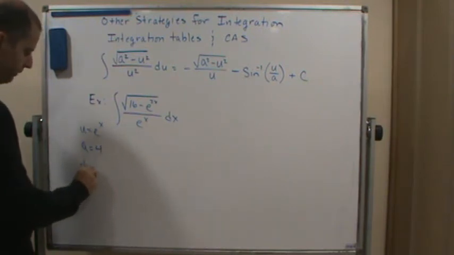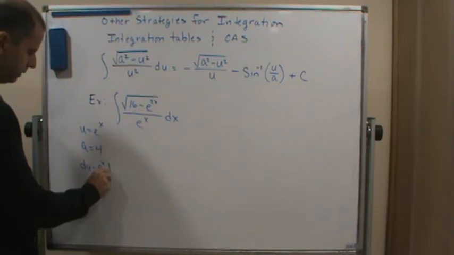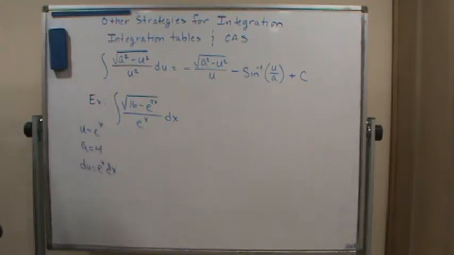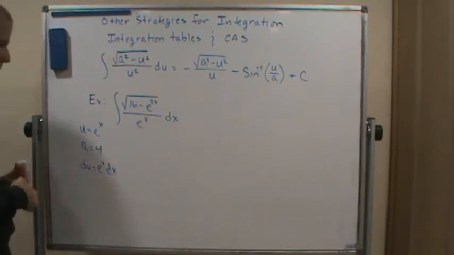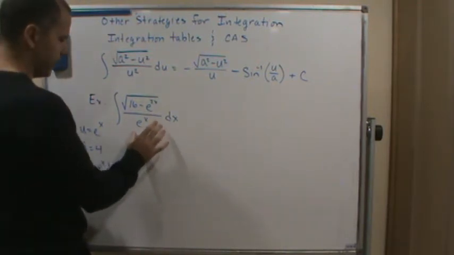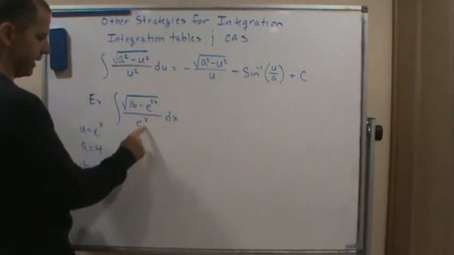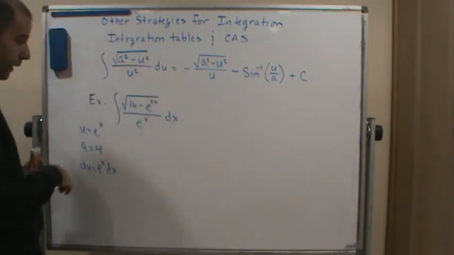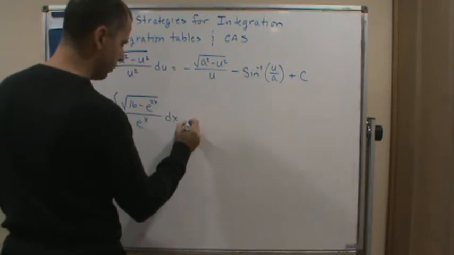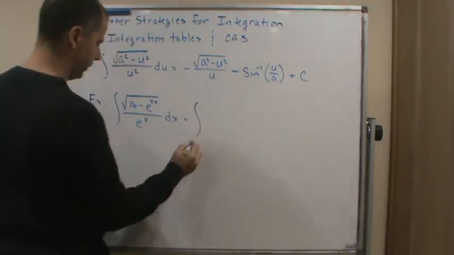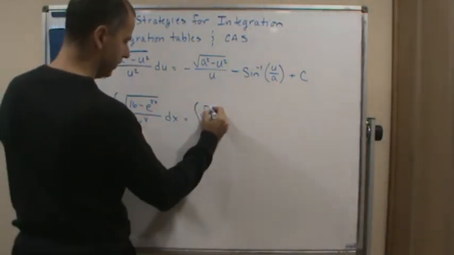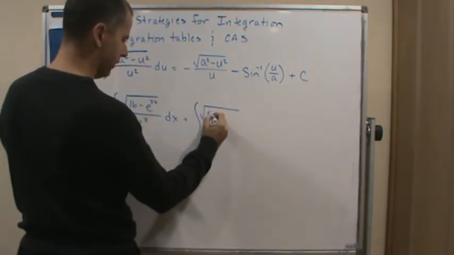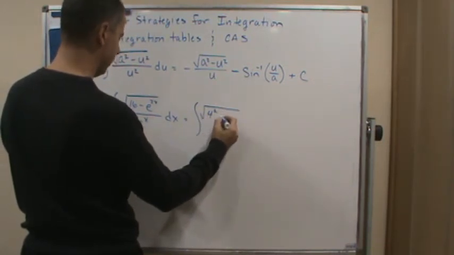So what would du be? Well, du would have to be e to the x dx. The cool thing is that I've got e to the x here, but I need e to the 2x. I need it to be squared. So let me write this a little differently so it's more obvious what a and u are.